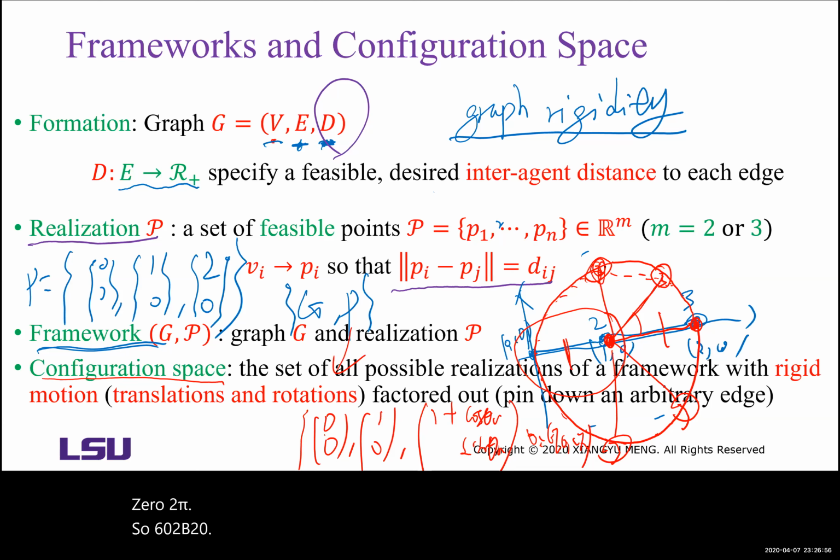If theta is 2 pi, then we have 1 and 1. Then if theta is pi, we have 0 and 0, and so on. So this forms the configuration space.